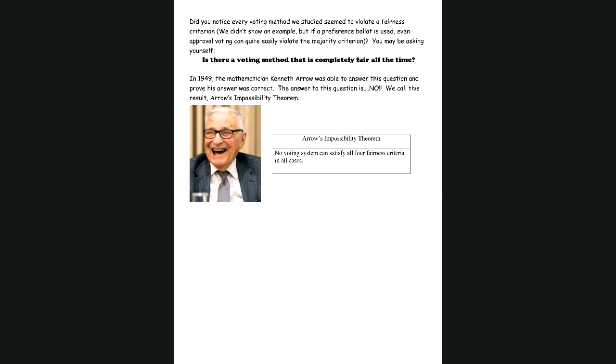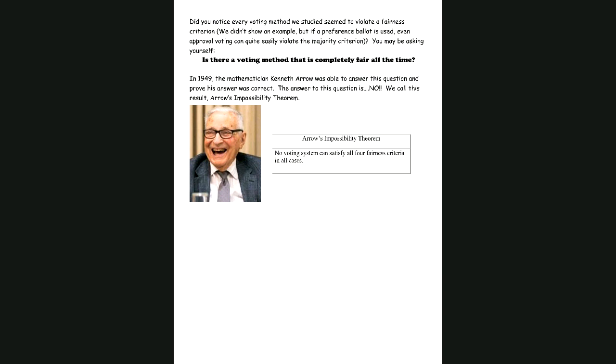We also had the monotonicity criterion, which was when a voter changes their mind and votes for the winner of the election, that shouldn't change the fact that that person is the winner, but it did in one of the ones that we looked at. There's a video as well if you don't remember that one.